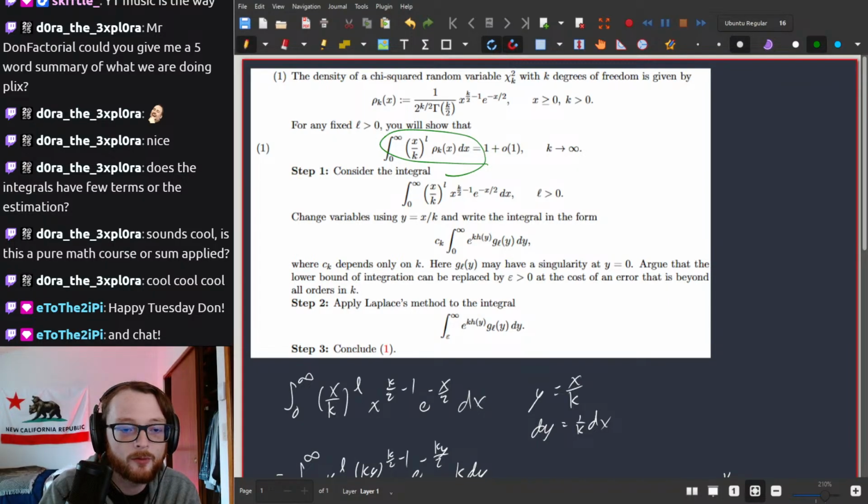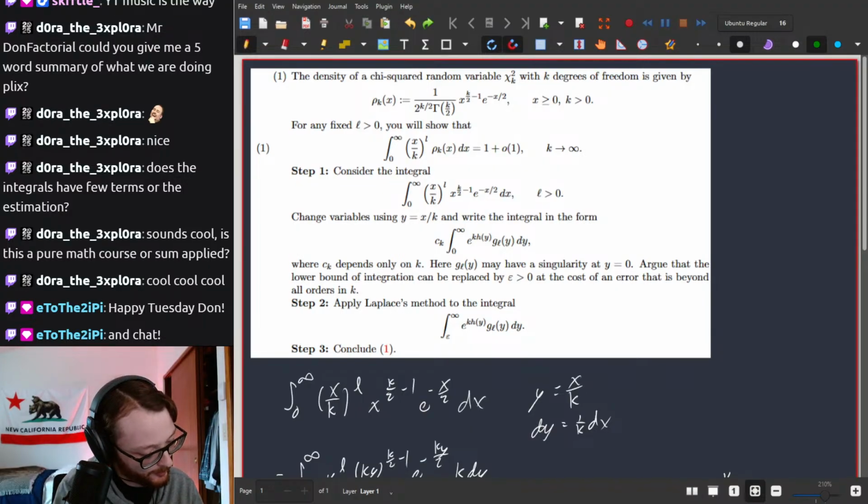Maybe this is some weird moment of the chi-square variable. Maybe that's what this problem is supposed to be about. But I'm just looking through my notebook trying to find a relevant problem that we've done and follow that procedure.